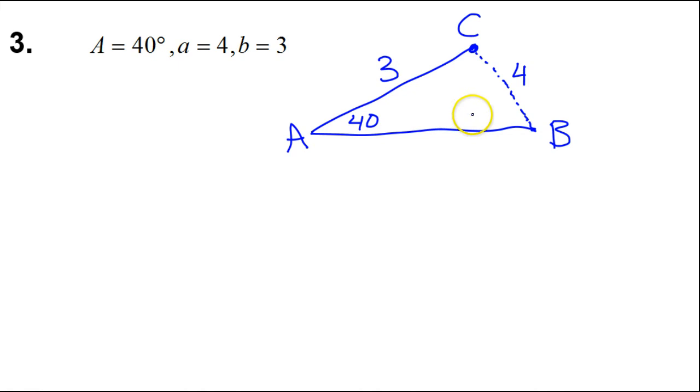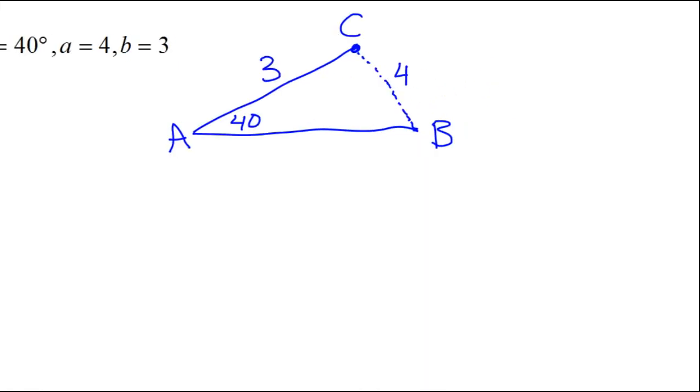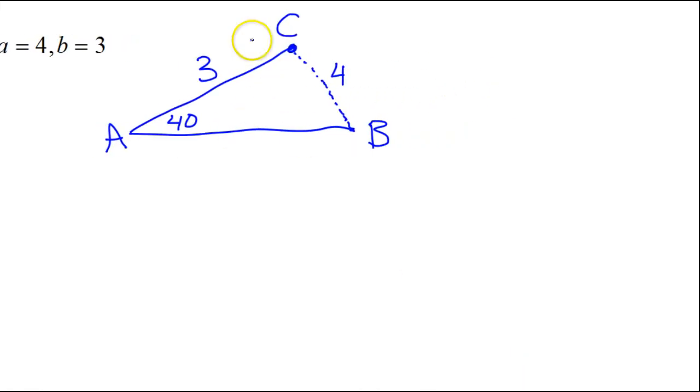Before I go any further, I need to make sure that this is going to make a triangle at all. To see if this is going to make a triangle at all, I need to check the height. Okay, let's find the height. The sine of 40 is going to equal opposite over hypotenuse, so that's h over 3.